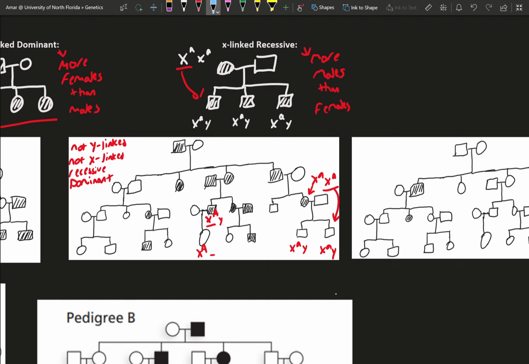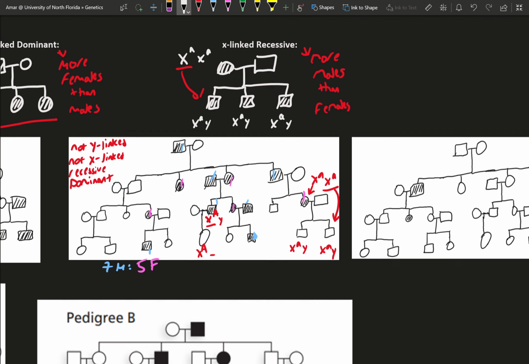So you have 1 male, 2, 3, 4, 5, 6, 7 males, and 1, 2, 3, 4, 5 females. In this situation, they're pretty close together. But keep in mind, we just have a very small sample size, so this difference may have been attributed just to luck.